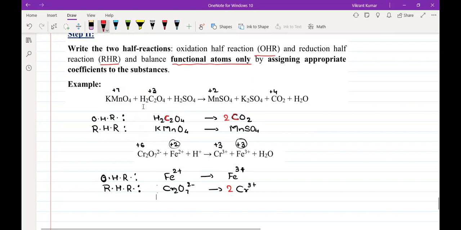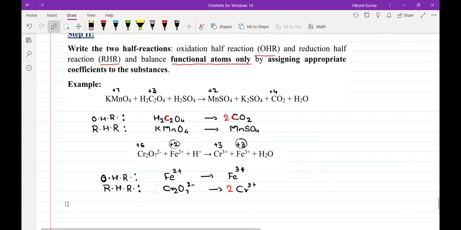Now, we have written the half reactions, and we have balanced the functional atoms by assigning appropriate coefficients. That is step 2. The third step is the most important step. You can't go wrong much in the earlier steps, but in the third there is more chance of error.